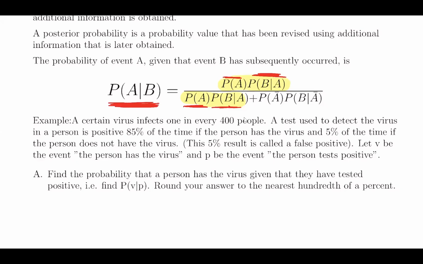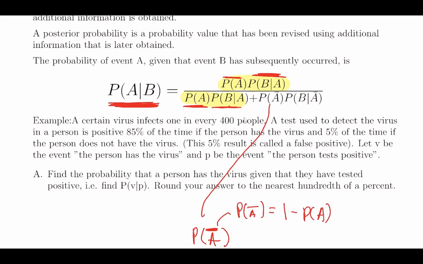So if you look at the top portion, the bottom portion is exactly the same. Whatever you put on the top, you put on the bottom. And then what you're going to do is add it. I don't think you can see it, but this one right here says probability of A, but it has a little bar on top of it. In order to find that, the probability is equal to 1 minus the probability of A. So pretty much it's the complement.